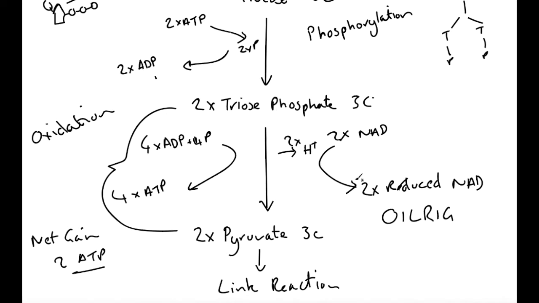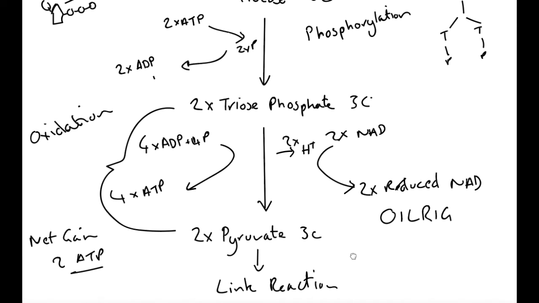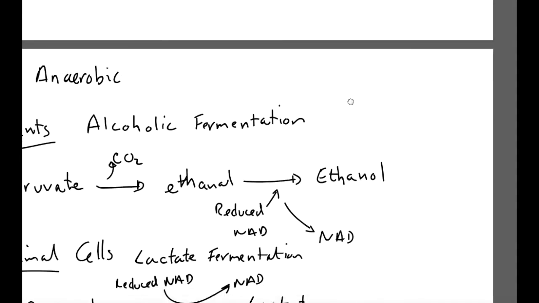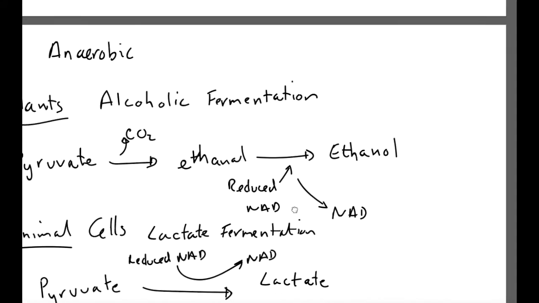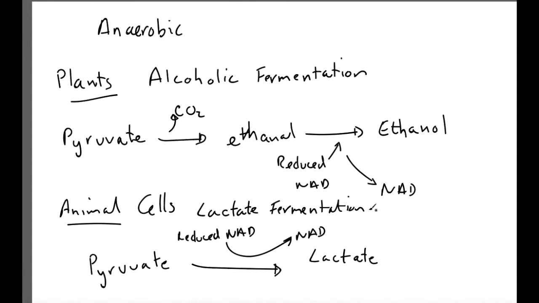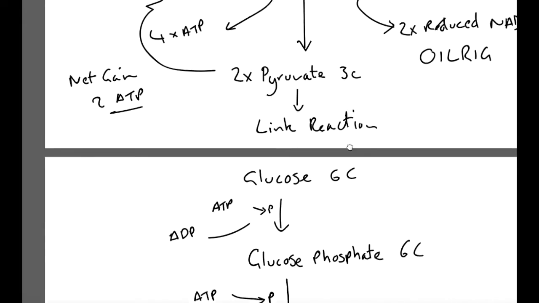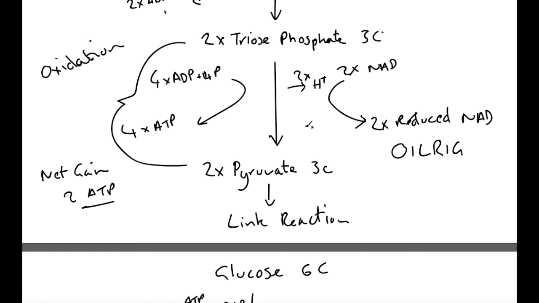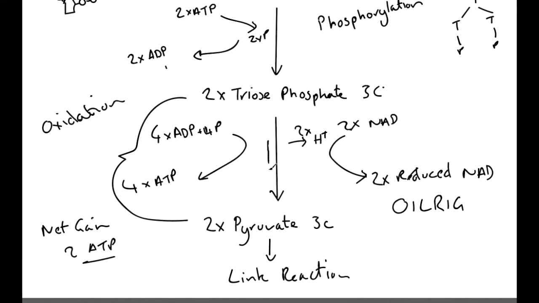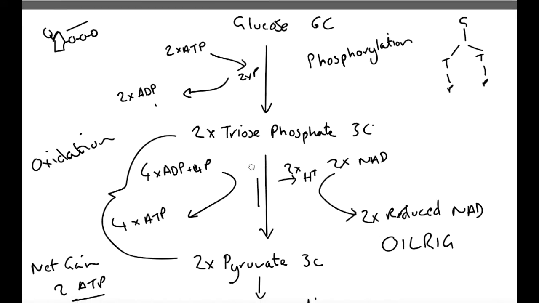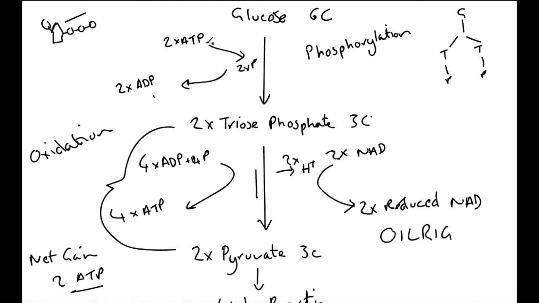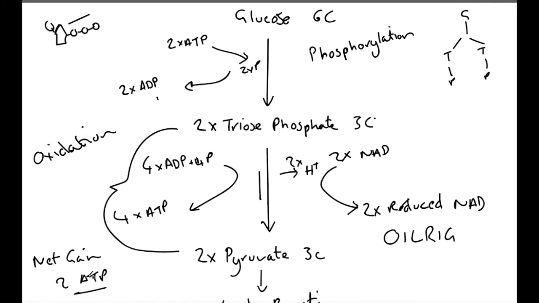In anaerobic respiration, this just goes back to here, and then drops off its hydrogen and makes this product, so the NAD can be recycled back to start glycolysis again. We end up with our net gain of 2. We have 2 ATP being used, but we make 4 ATP. So glycolysis makes a net gain of 2, and our final product is pyruvate.